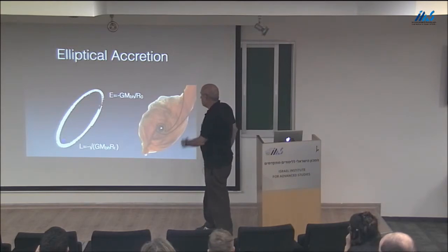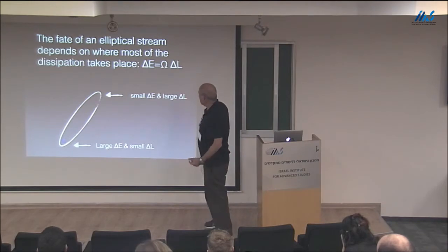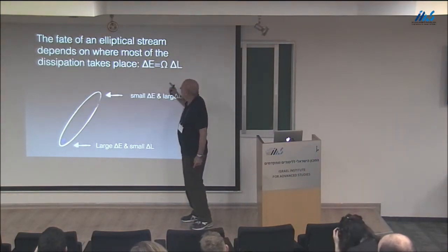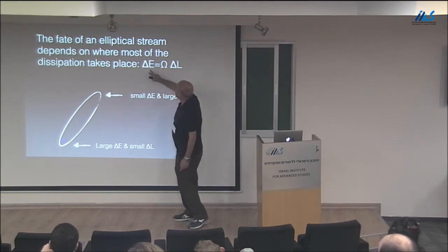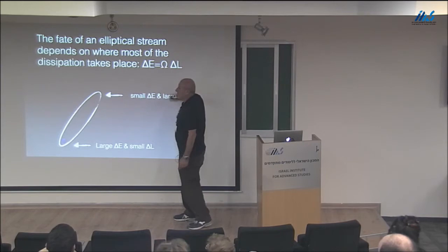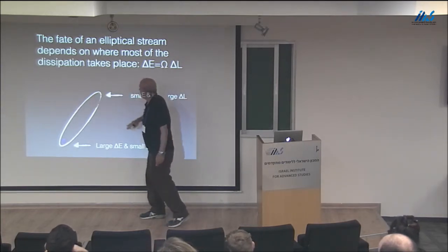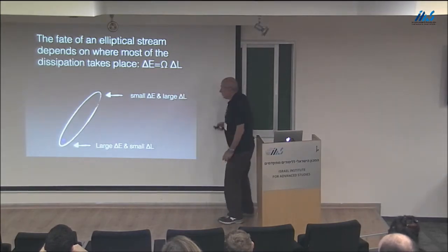And so we are talking about elliptical accretion. And what happens is the following: the question whether you have circularization or elliptical accretion depends on the comparison of the rate of dissipation of energy versus angular momentum. If most of the dissipation happens here, then here you dissipate a little amount of energy and a large amount of angular momentum.